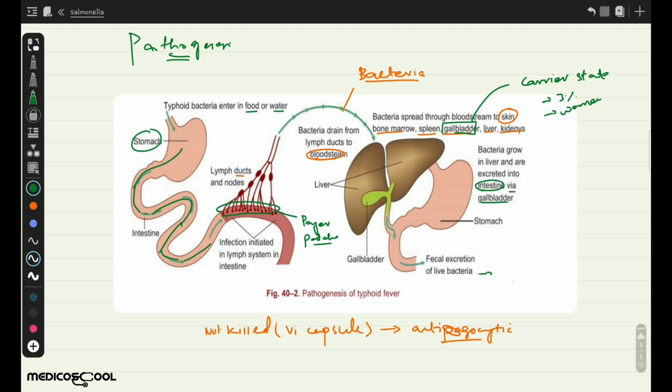And this will help in the transmission of the bacteria to other organisms, as we have earlier discussed in the epidemiology, through the fecal-oral route.